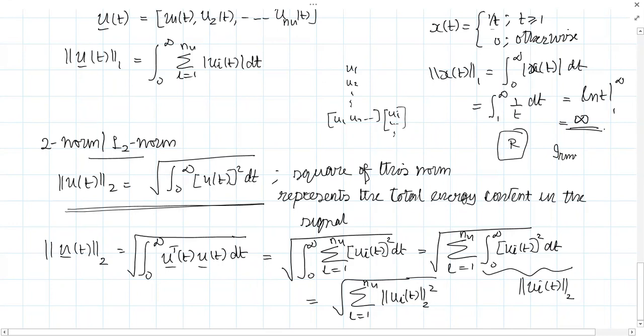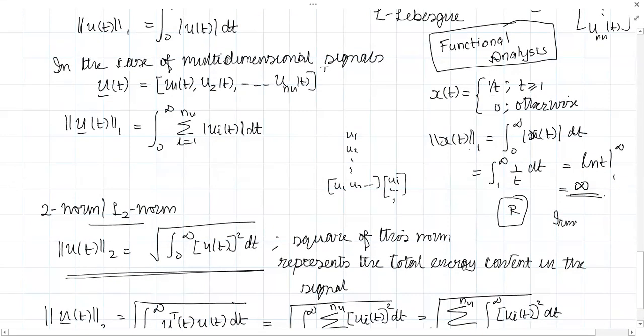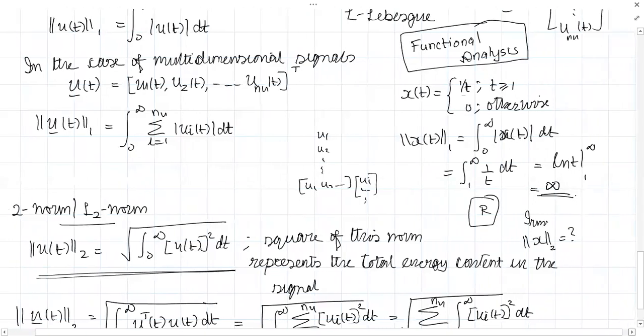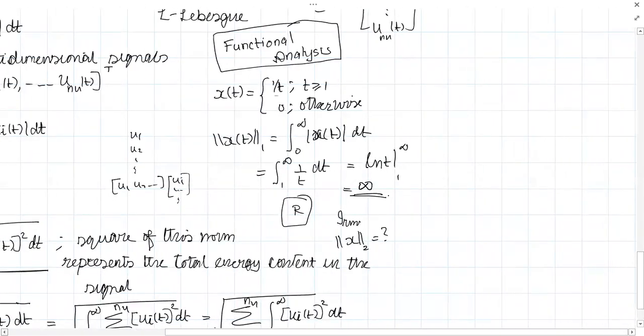Fine. So just find the 2 norm of this signal, 1 by t. What is the 2 norm of the signal? How will you define that?